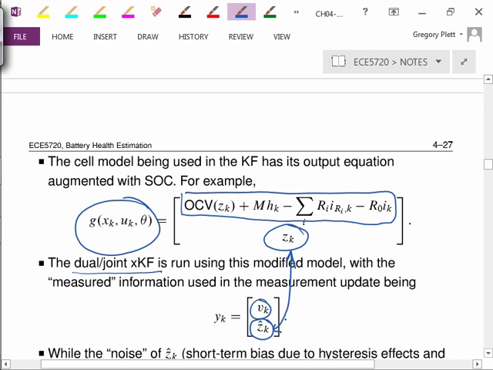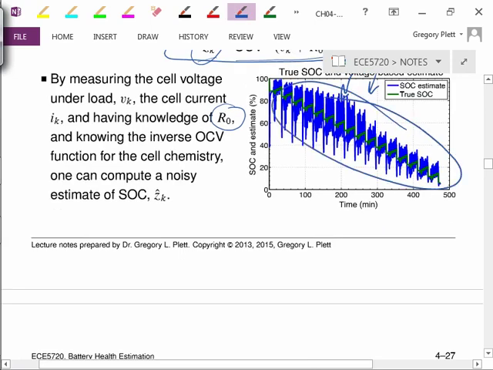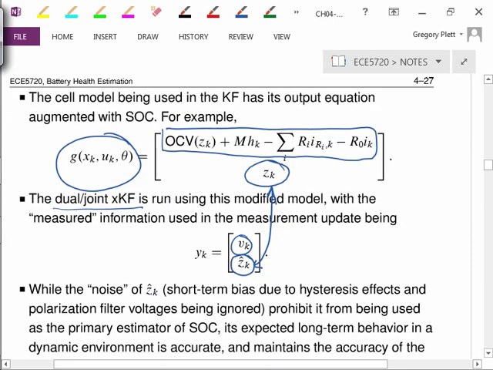We acknowledge that this is really noisy, but we can get an idea of the uncertainty of the estimate by measuring the variance of this noise in a lab test. So we can have some idea of that. And now we have a two-output system where it appears to the Kalman filter like we're making two measurements. We're not. We're making one and fabricating the other measurement, but we operate the Kalman filter this way.